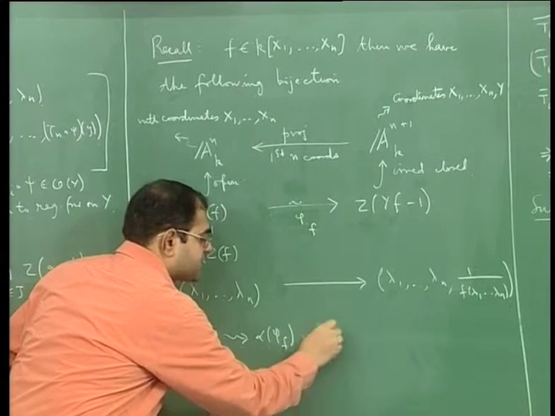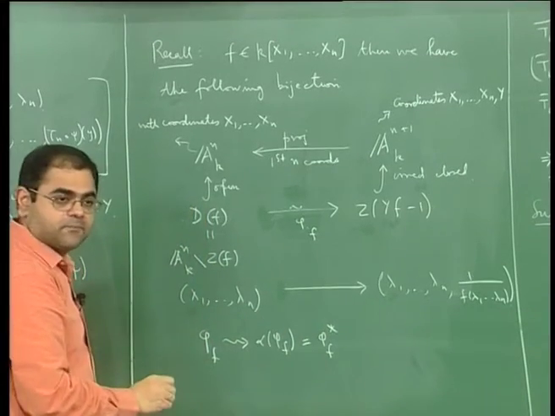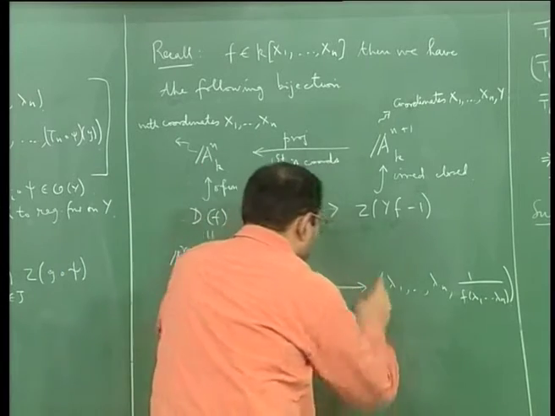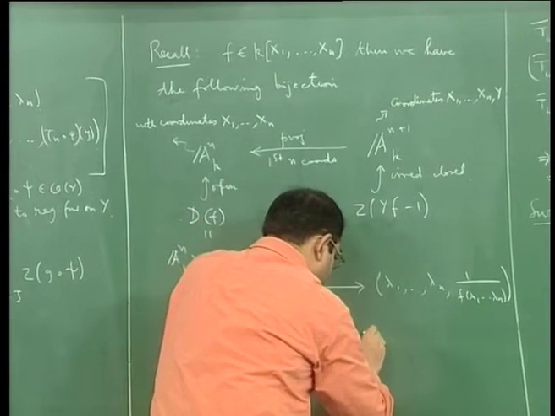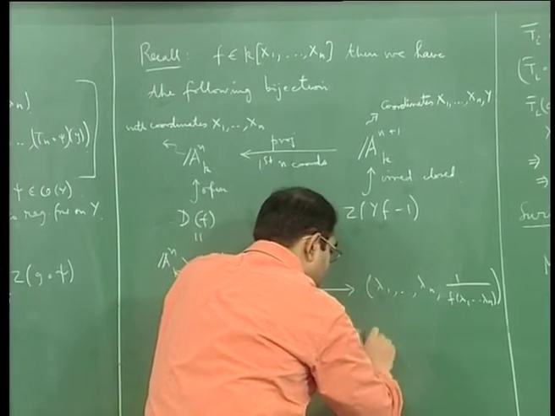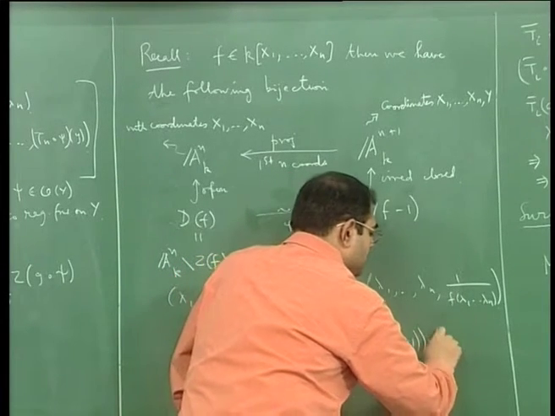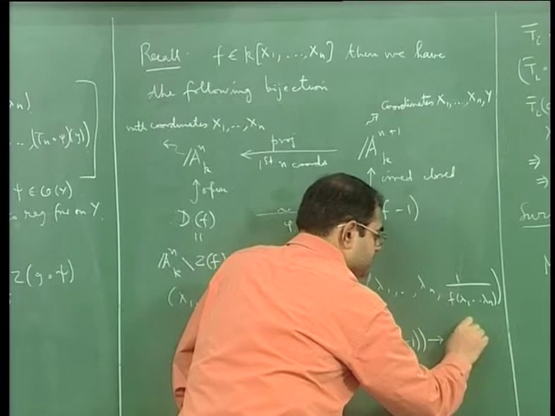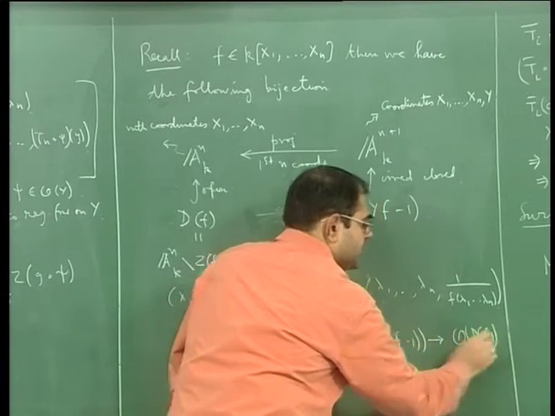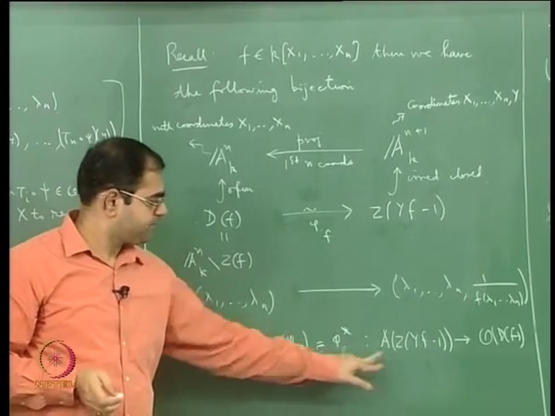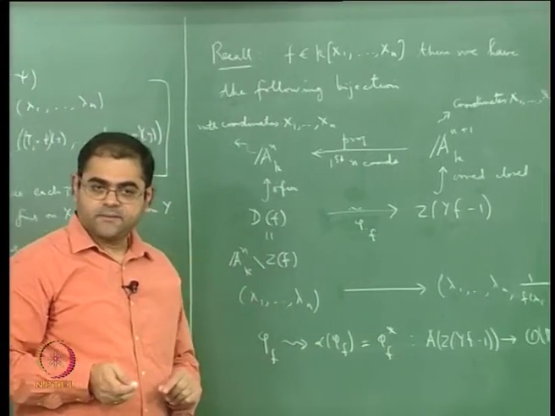It is phi sub f star, it is a pullback map. And what is a pullback map? It will go from the regular functions on the target, so it will go from A of Z(yf minus 1) to the regular functions on the source. This is what you will get. Okay, this is the pullback map.